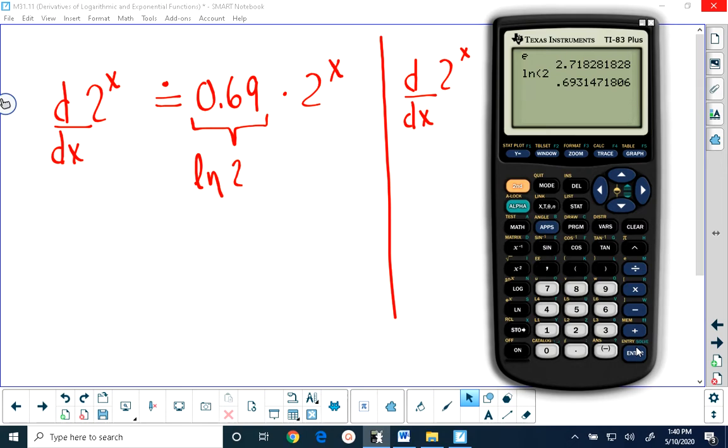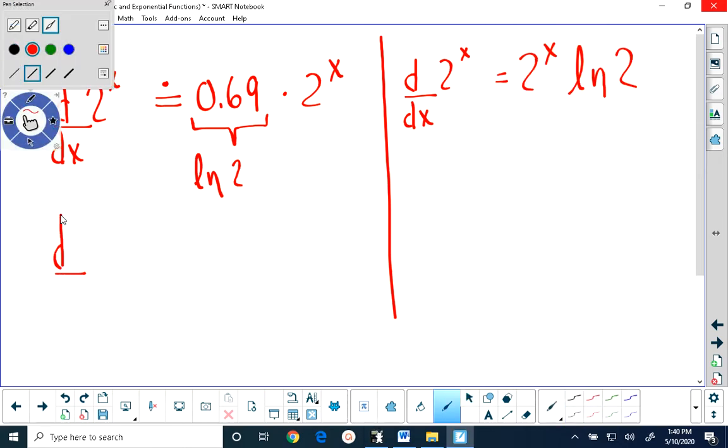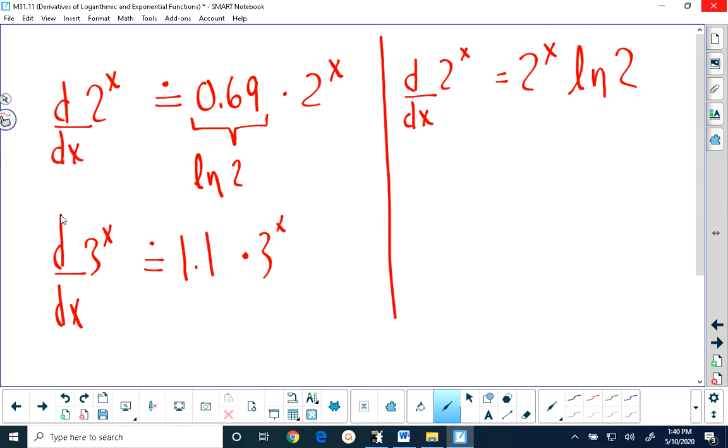I don't know if you recall, I think you probably do, that when we found the derivative with respect to x of 3 to the x, we got approximately 1.1 multiplied by 3 to the x. And if we follow this pattern that I have for 2 to the x, if the derivative with respect to x of 2 to the x is 2 to the x ln 2, then the derivative with respect to x of 3 to the x is 3 to the x ln 3.